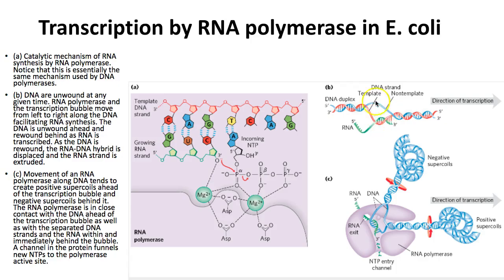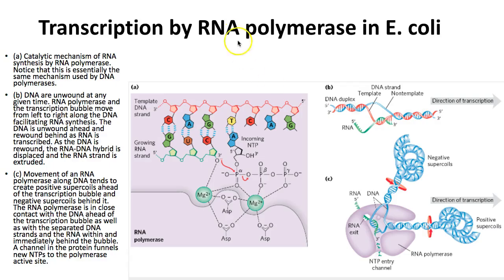As far as the actual creation of the RNA, it utilizes the template of DNA. And remember, just like how DNA is synthesized 5' to 3', the same thing with RNA.